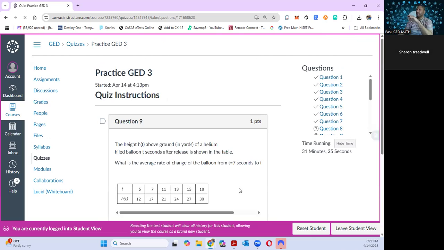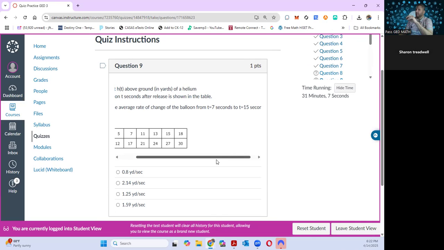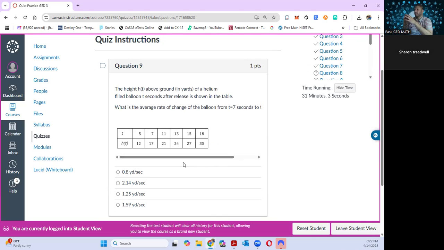I'm skipping. The height h(t) above ground in yards of a helium-filled balloon t seconds after release is shown in the table. What is the average rate of change of the balloon from t equals 7 to t equals 15 seconds?